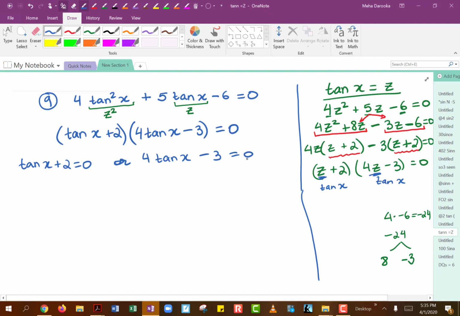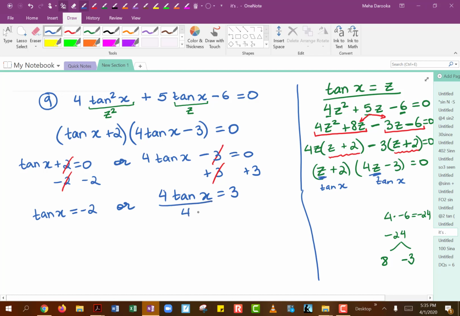You're trying to get the tangent x function by itself, so start by subtracting 2. These guys cancel out, and we've got tangent of x equals negative 2, or here we're going to add 3, so they cancel out, and then you are left with 4 times tangent of x equals 3. To get the tangent function by itself, we divide both sides by 4, and of course we end up getting tangent of x equals 3/4, right?